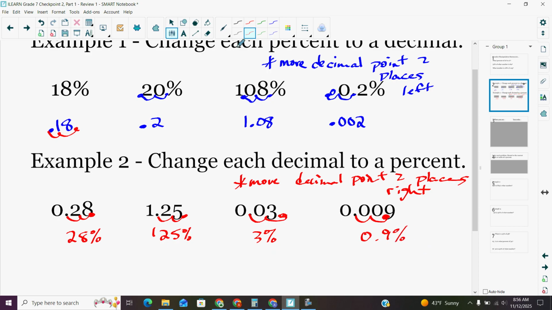Probably should have had one that looks like this also. If we have 0.7, should be 70% in that case. So 0.7 is 70%. So we should be able to change from a percent to a decimal or a decimal to a percentage pretty quickly. That hopefully isn't anything new.